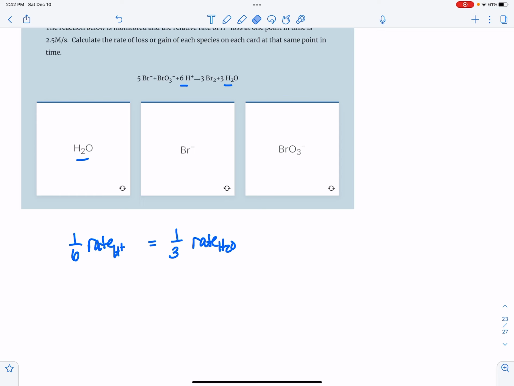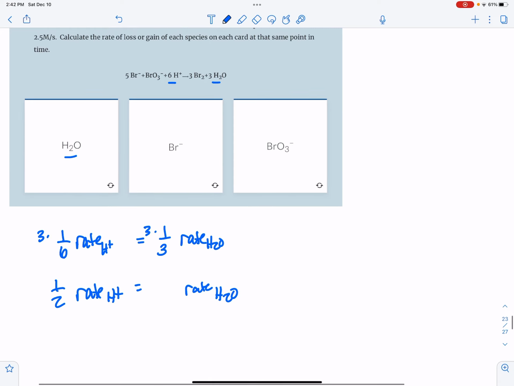So now I just plug in the number that I know, and I'm going to go ahead and multiply it over. So if I multiply both sides by 6, that's going to give me 2 times the rate of, actually I want to go the other way. I want to solve for the rate of water, don't I? So that's the one I want by itself. So I'm going to multiply both sides by 3. So it gives me 1/2 the rate of H plus equals the rate of water.